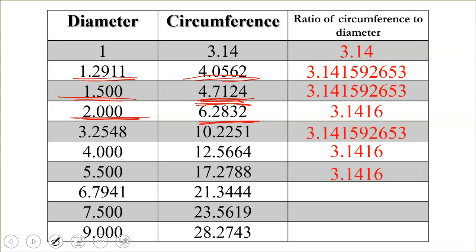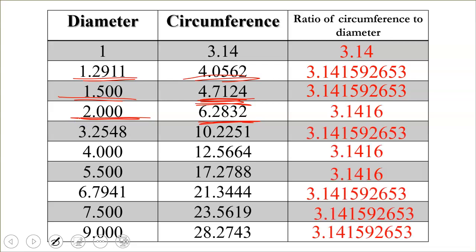Now, when you continue this division, you realize that you are getting this kind of values. Observe 3.14, 3.141, 3.141. You see 3.141 and it continues. Remember, this is an approximated value. This value seems to be consistent, the same throughout, and it becomes like a constant.